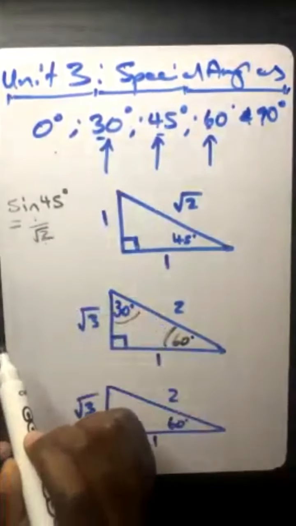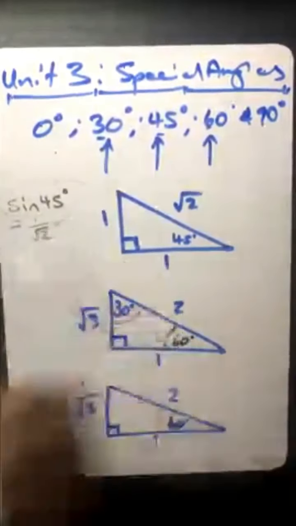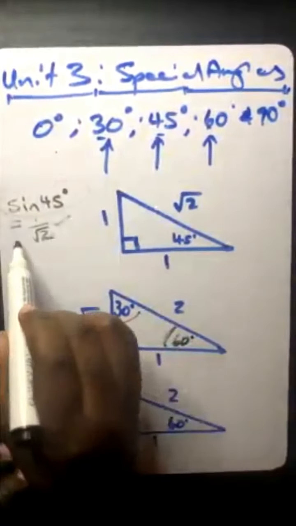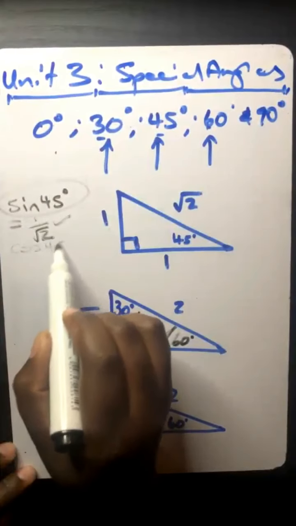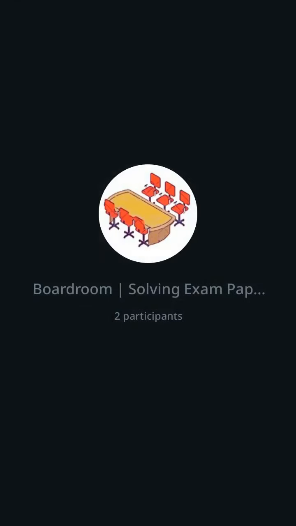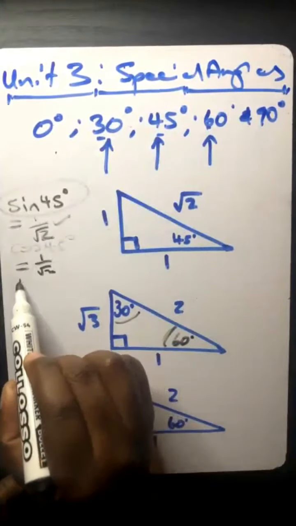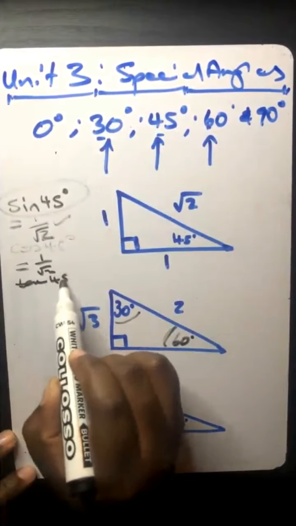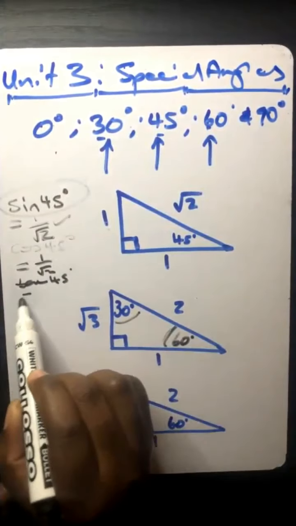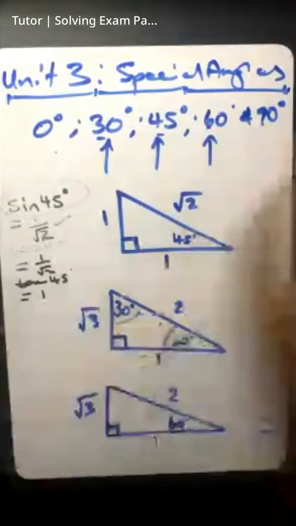So on your calculator, when you punch sine 45, you must expect that answer. For cos 45 degrees, it's adjacent over hypotenuse. You must also expect 1 over the root of 2. When you punch tan 45 degrees, you must expect 1 over 1, which is 1. I'm not sure if it makes sense. Yes, it does.